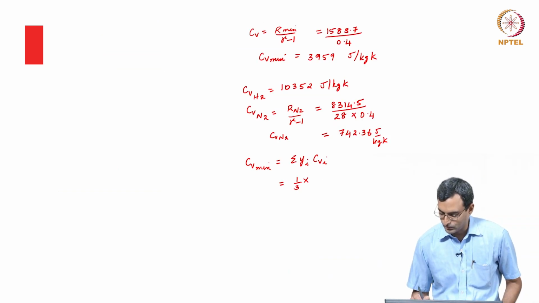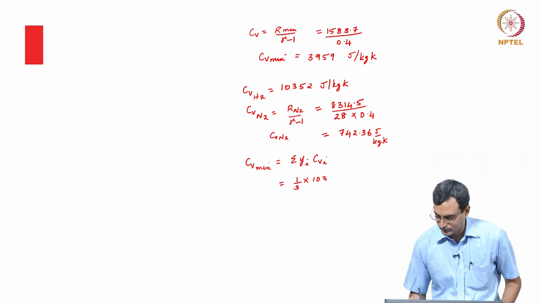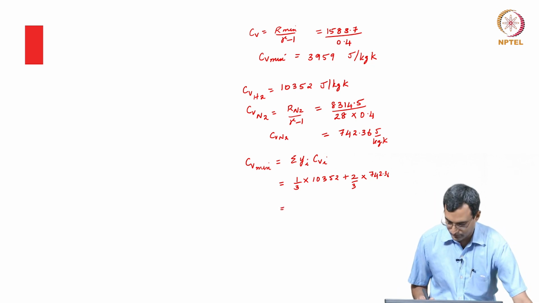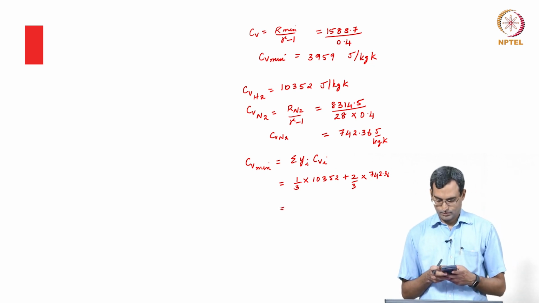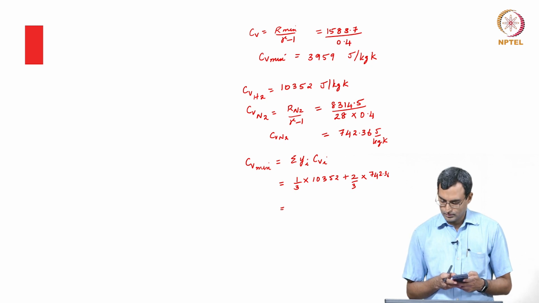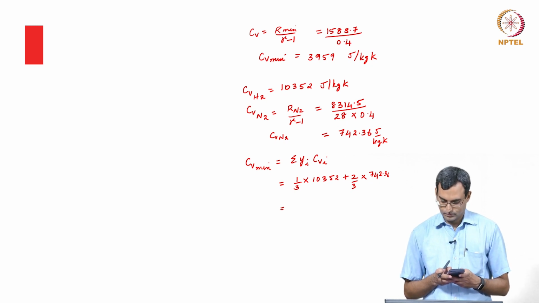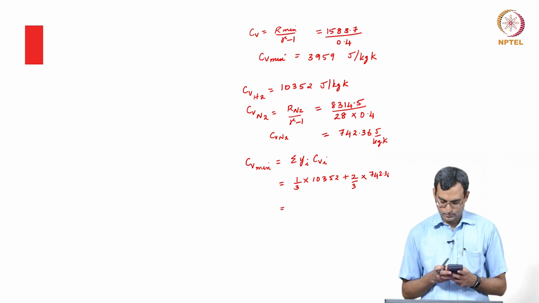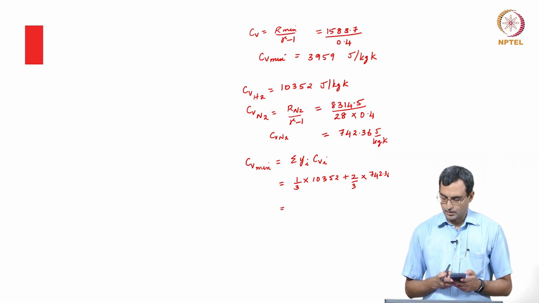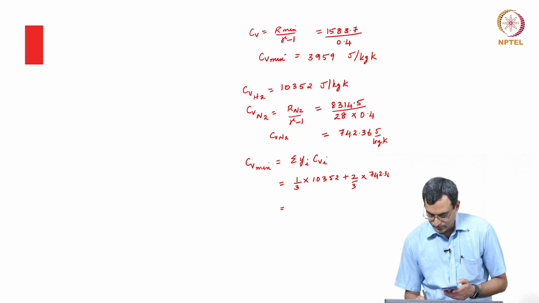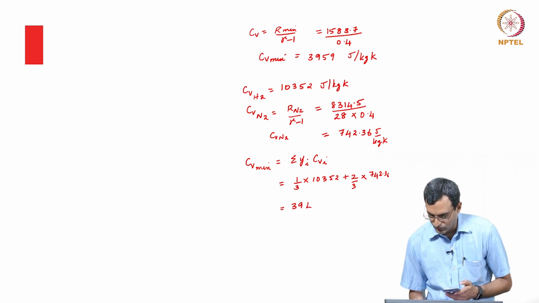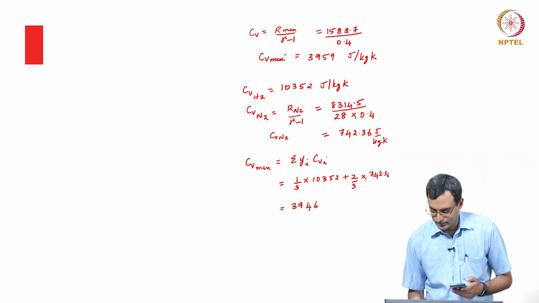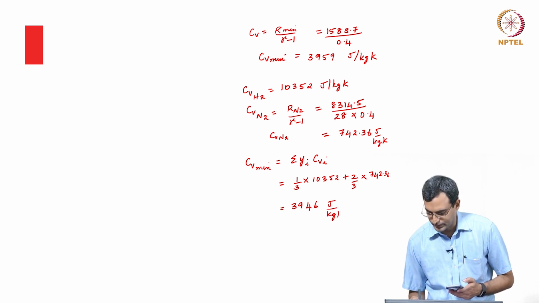So, 1 by 3 into 10352 plus 2 by 3 into 742, which gives me 3946 joule per kg Kelvin.